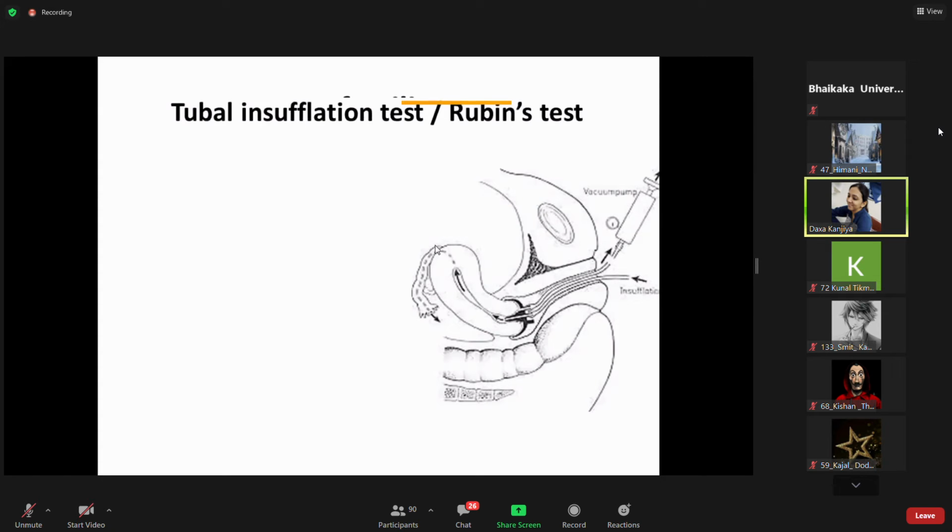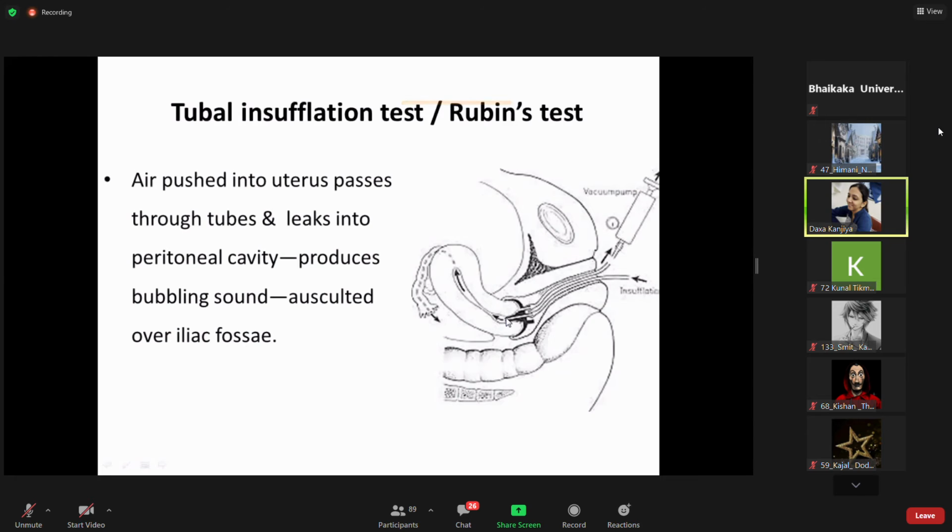See, here it is shown that a cannula is inserted through the vagina into the uterine cavity, right? And then air is injected into the uterine cavity. As we know, the medial end of the uterine tube communicates with the uterine cavity. So this air is pushed into both uterine tubes and comes out through the abdominal ostium, and the air enters the peritoneal cavity.